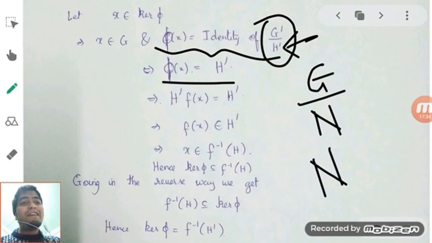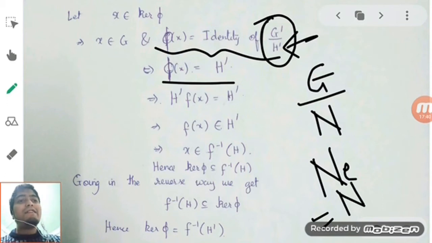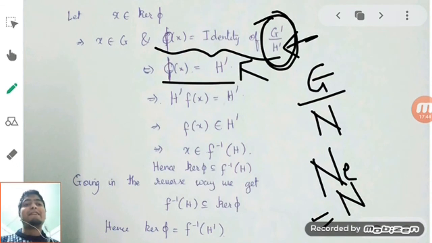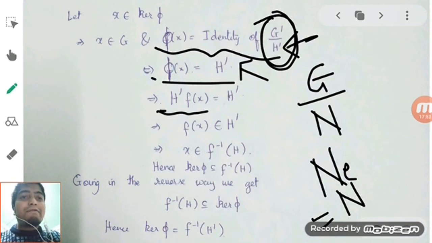It is NE, right? Or simply we can write it as N. Similarly, the identity of G dash by H dash will only be H dash. Phi x, you can write it as this, because phi G equals H dash Fg. So phi x will also be equal to this.